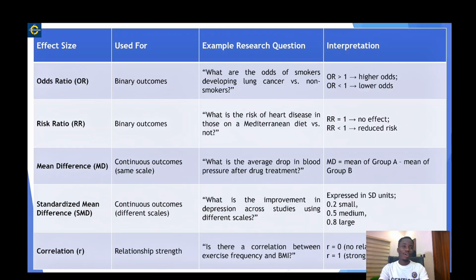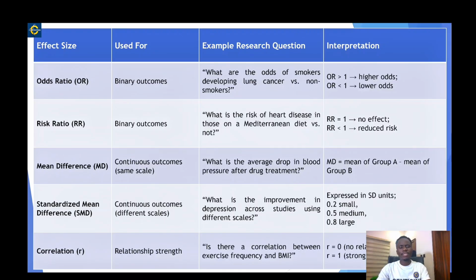And then we've got another very useful effect size, which we call the mean difference, where we try to understand continuous outcomes. Let's say, for example, we want to understand the average drop in blood pressure after a drug treatment. In that situation, our mean difference is going to be very important for us to calculate the effect and quantify it in any meta-analysis.